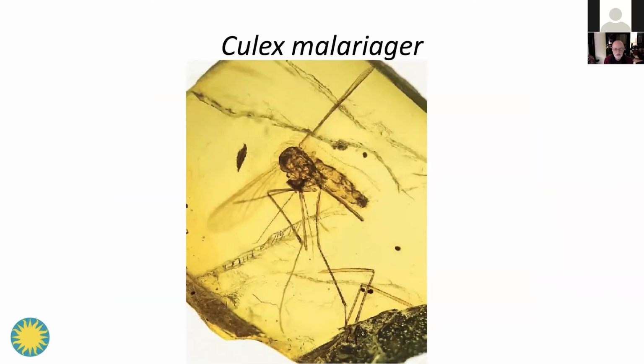This is a mosquito in amber. You can see the proboscis here. And the species name of this particular mosquito is malariager, and that gives you a hint as to the type of parasite that it carries.